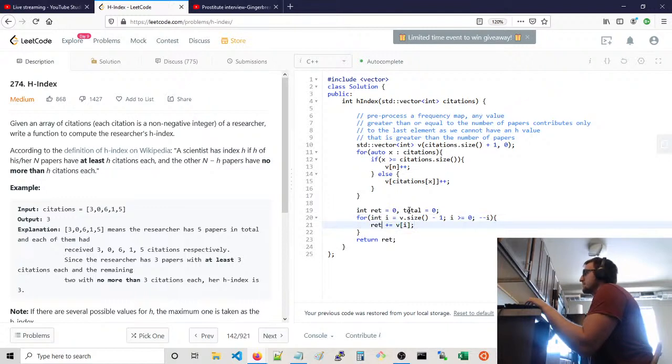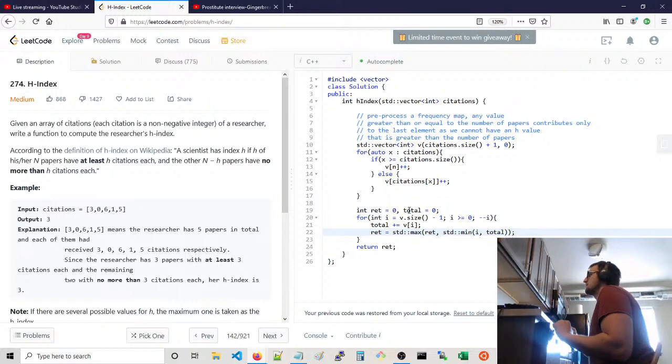Do it this way, I think. And what the minimum of the total in ret. Or no, same thing. It's the maximum of ret, and it's going to be the minimum of i and total. So yeah, just like that, I think.